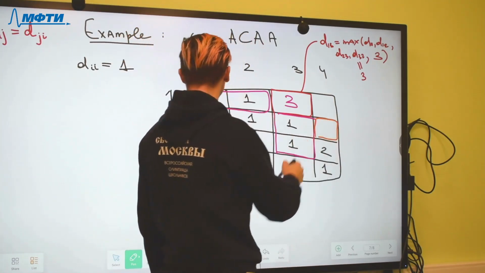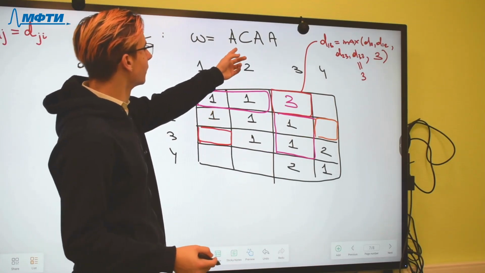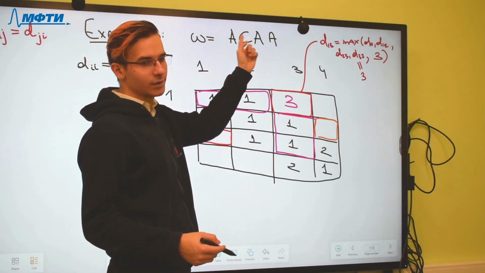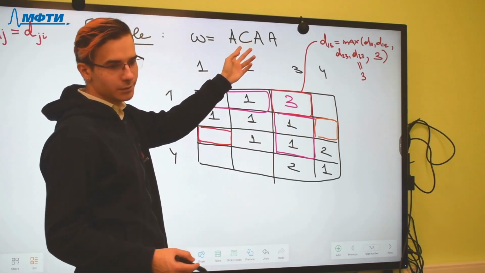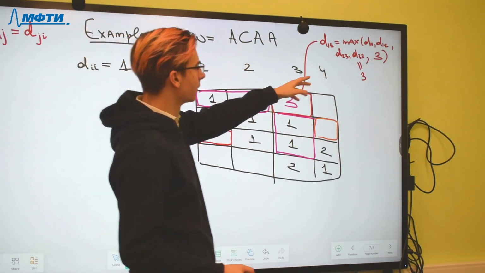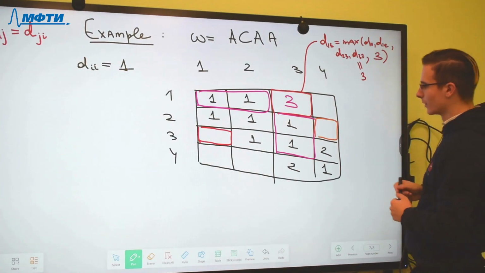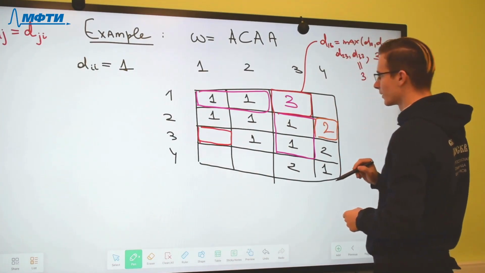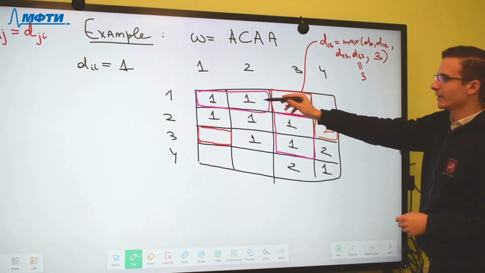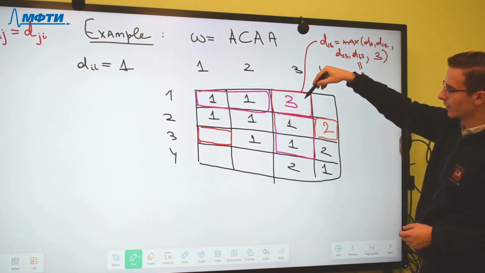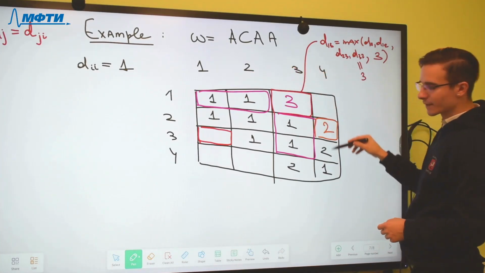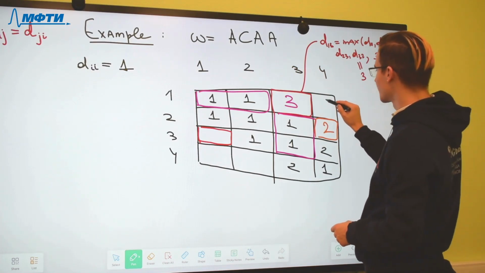And we see that 2 and 4, C and A, are not equal. So I cannot add this number here. So I add 2 here. And then I find the maximum of this part of the matrix and this part of the matrix, and it is equal to 3.